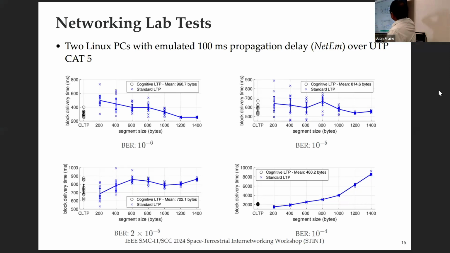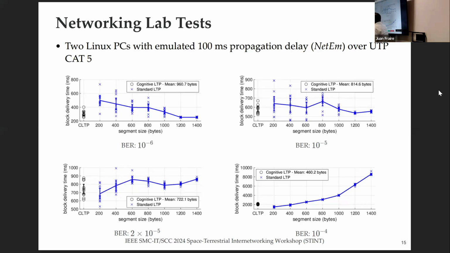So the networking test bed is very simple. It consists of just two PCs connected with a UDP cable. And here the delay is emulated using NetEm. And the bit error rate is emulated as well by using the implementation that I mentioned earlier, right? So we drop packets depending on their size, with a given target bit error rate.